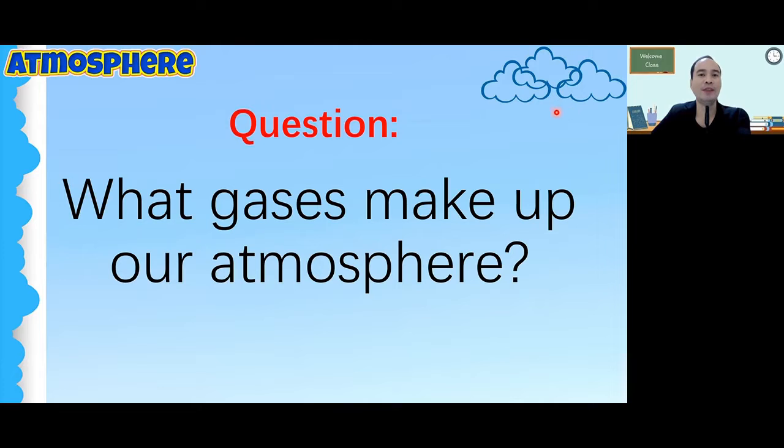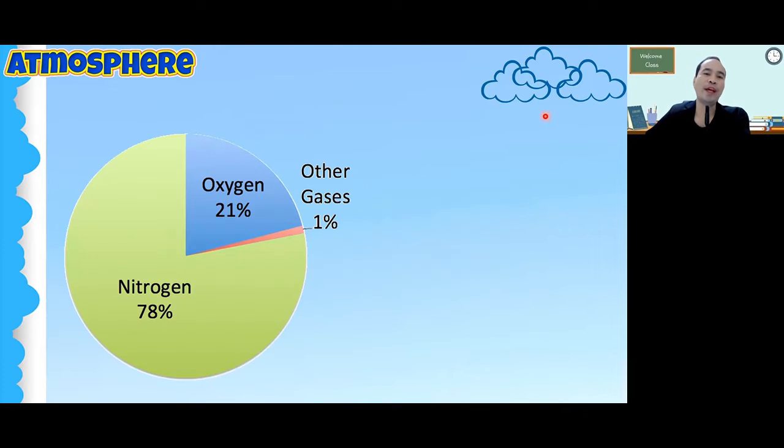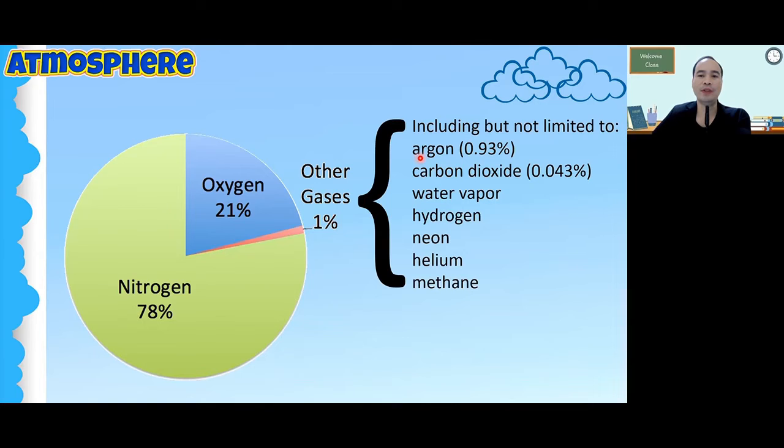First is nitrogen, which is around 78%, and then oxygen, which is 21%, and the other gases, which make up the remaining 1%. So what do you think are these other gases? That includes argon, carbon dioxide, water vapor, hydrogen, neon, helium, and methane.